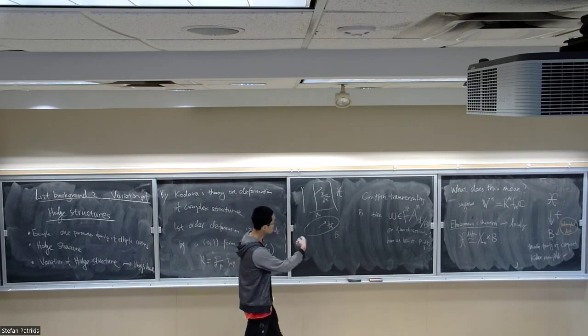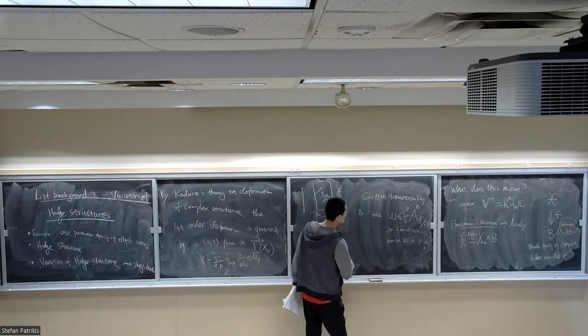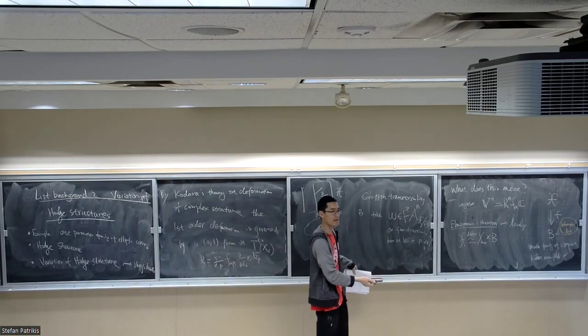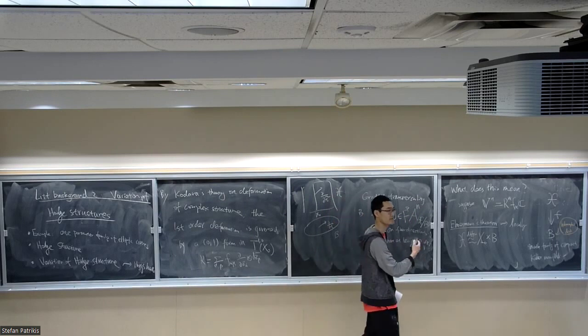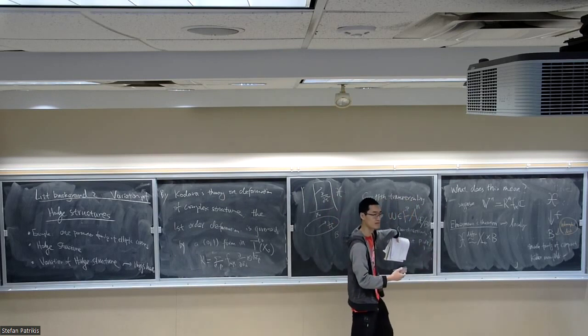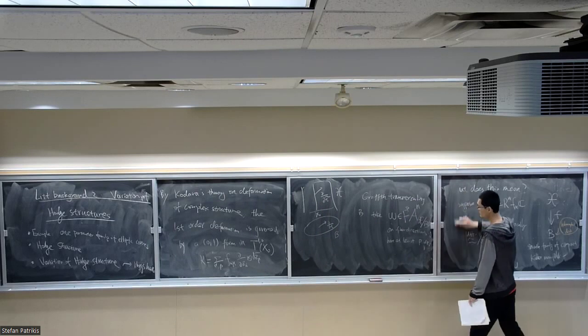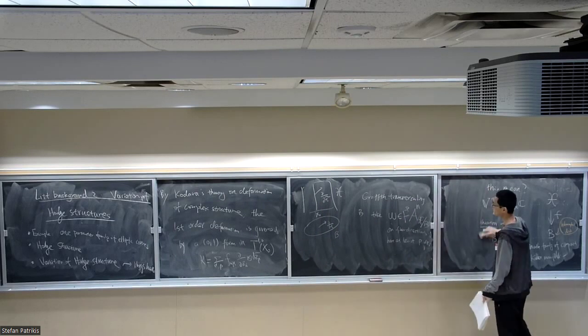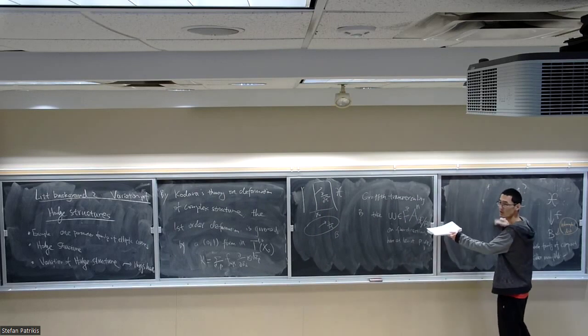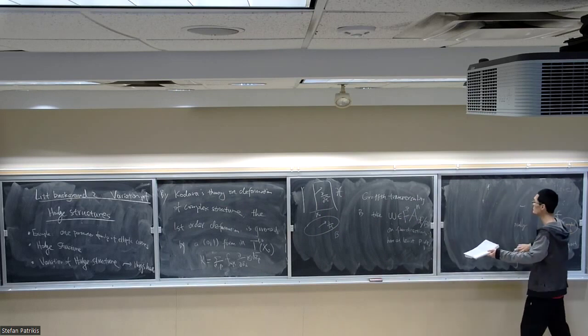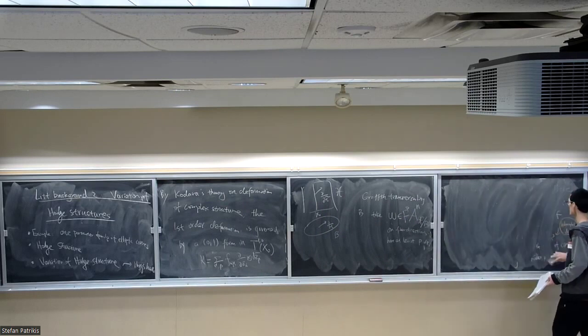And so Griffiths transversality is that if you take some differential forms in the total space with restriction to the fiber, it is at least p holomorphic in the sense of this Hodge filtration. And when you take the derivative, you lose at most one dz_i, so that's roughly what it says.